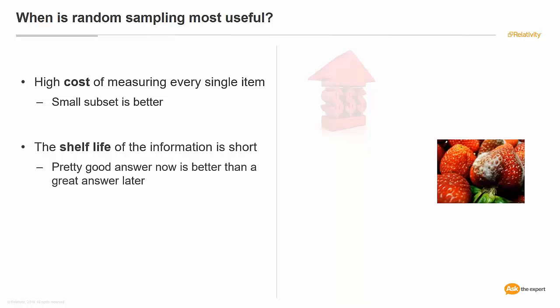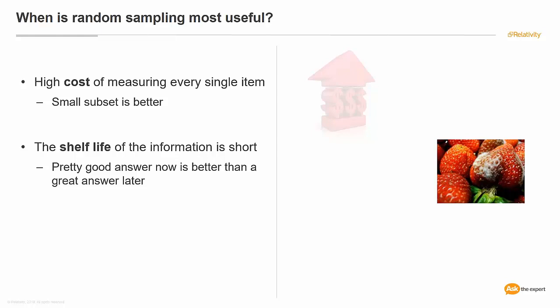The second question I ask is, is there a short shelf life? Apologies for the picture of the moldy strawberry. I saw some pictures that were much moldier, so this one was fairly tame, but you know, the shelf life: is this perishable information? Knowing this information today versus tomorrow versus next week is going to be dramatically different. So if I've got a manufacturing assembly line and I'm producing defective widgets, I need to know that now before I produce another million of them.